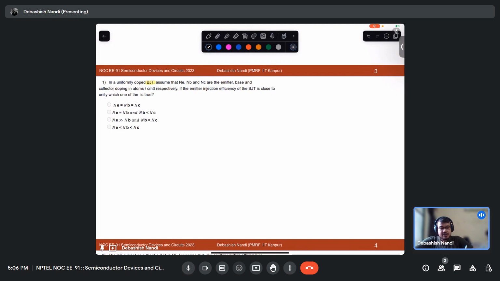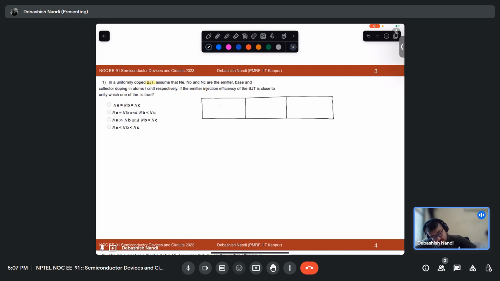Okay, so let us go step by step. Let us first draw a BJT. Generally this would be your BJT construction. There are actually two PN junctions connected back to back.